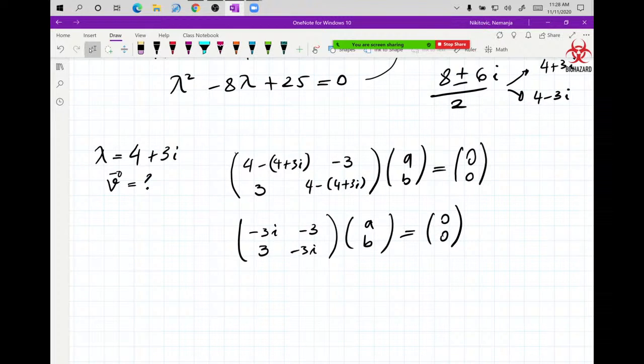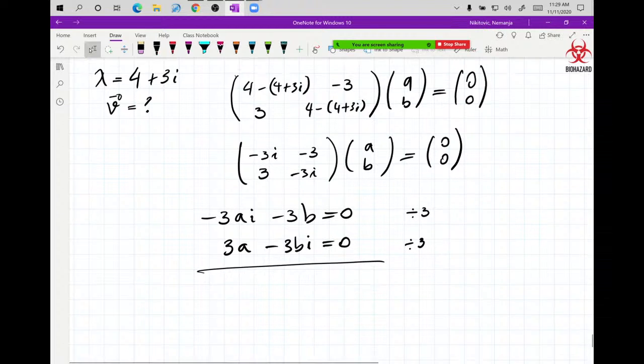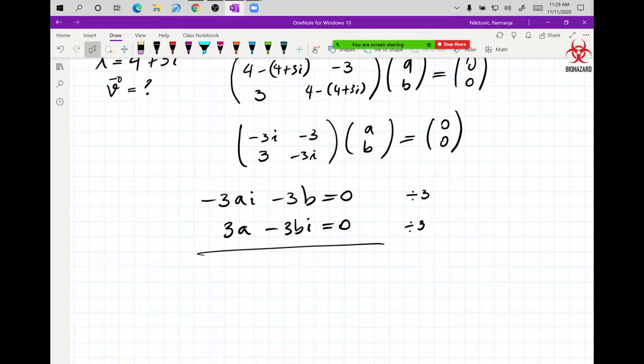Now, if I write these, I get negative 3ai minus 3b equal to 0, and 3a minus 3bi equal to 0. So as you can see, this is now a complex system. I can divide the top one by negative 3 just to get rid of as much of this mess as possible.